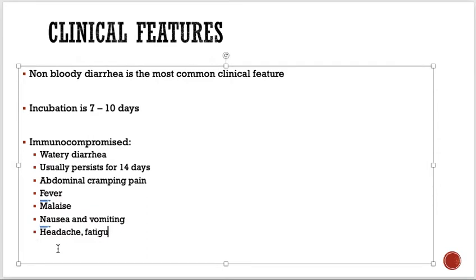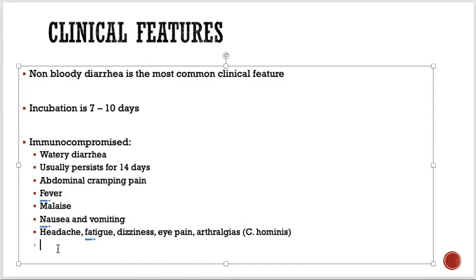fatigue, dizziness, as well as eye pain or ocular pain, as well as arthralgias or joint pains. But most of the time these extra intestinal features are seen when the infection is with Cryptosporidium hominis.